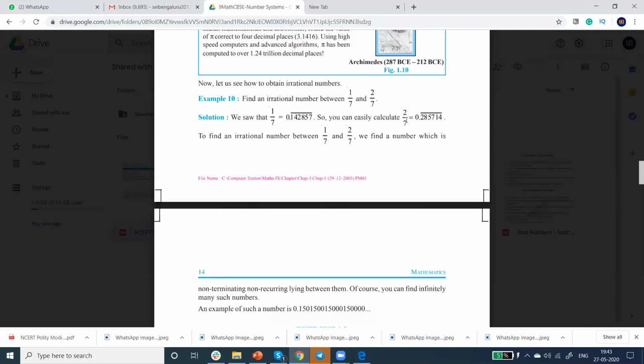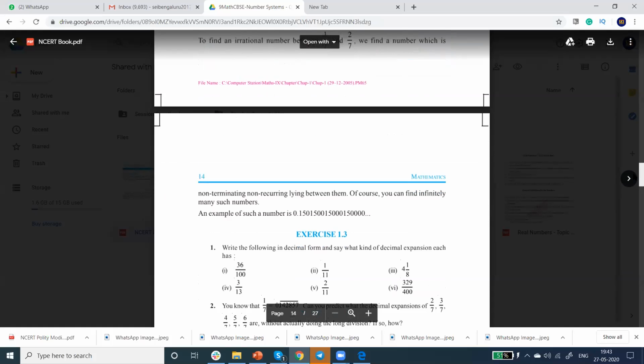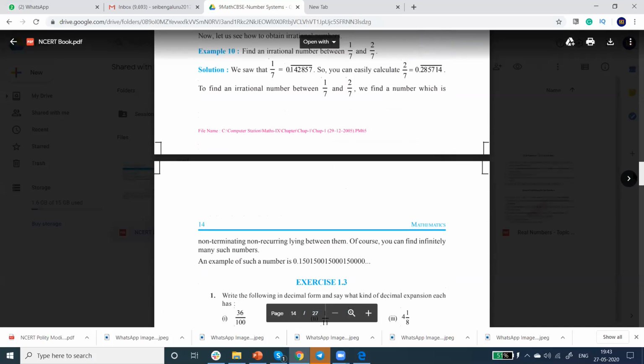And 2 by 7, again you will get some number. These two are non-terminating numbers. It will continue further. Between 1 by 7 and 2 by 7, there is a number, and you can find infinitely many such numbers.